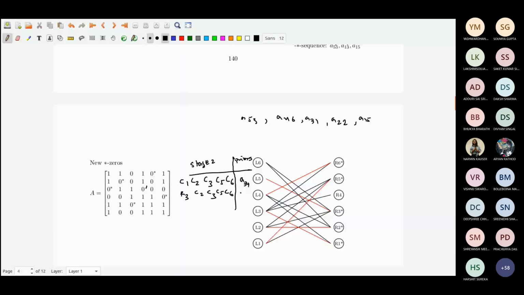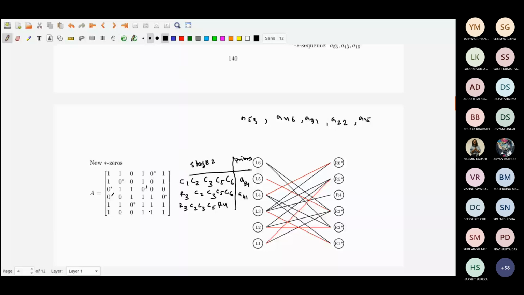So therefore, C6 will change and R4 will come in. So I'll have R3, C2, C3, C5, R4. Now I have R3, R4, and then C2, C3, and C5.